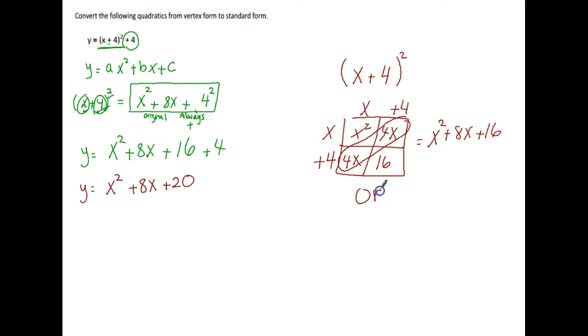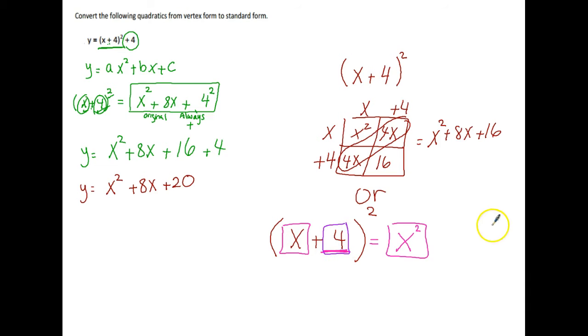Or you can do the short way, where you take that first term and you square it. So that will be my x squared. And then you take that second term and you also square it.